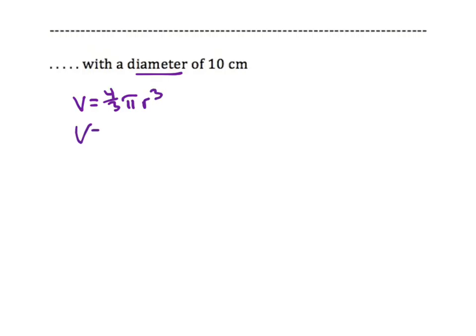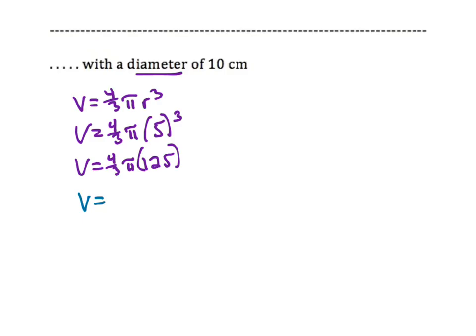So we'll get volume equals 4/3 pi times, what's the radius? 5 cubed. That means we'll have volume equals 4/3 pi times 125. Again, I'm going to multiply that as a fraction. Volume equals 4 times 125 over 3 times pi.